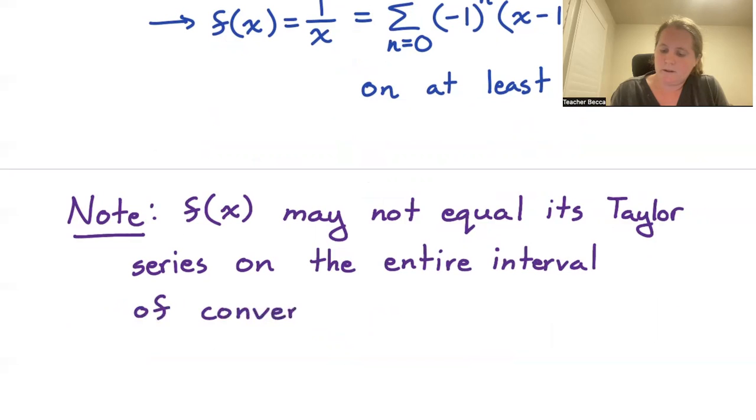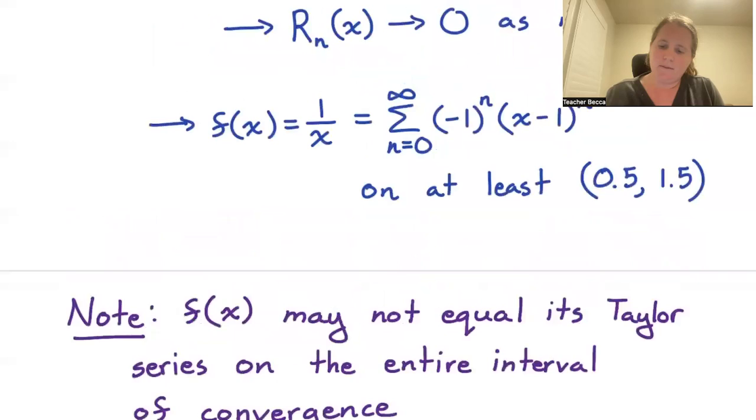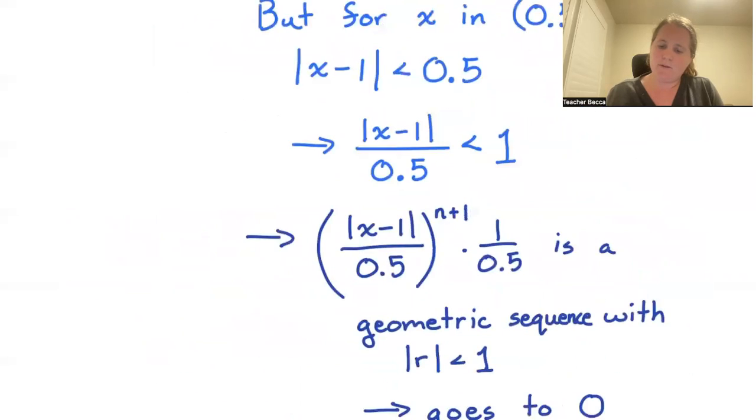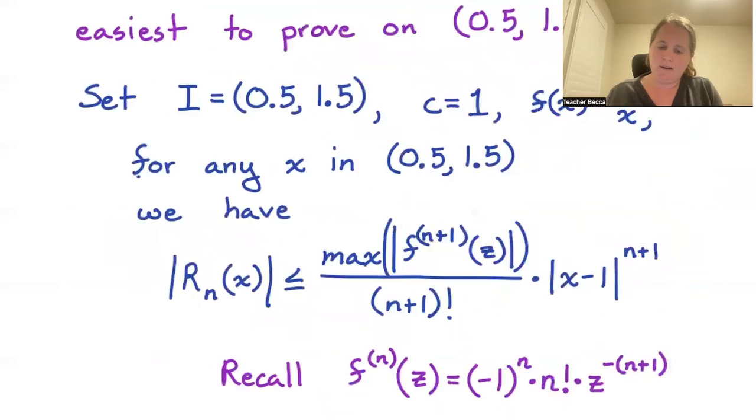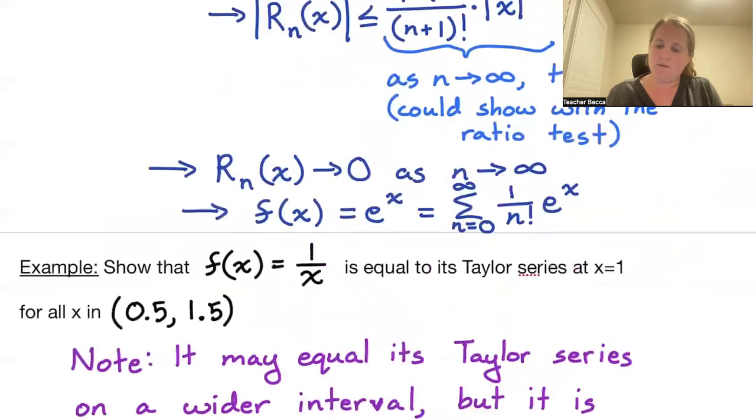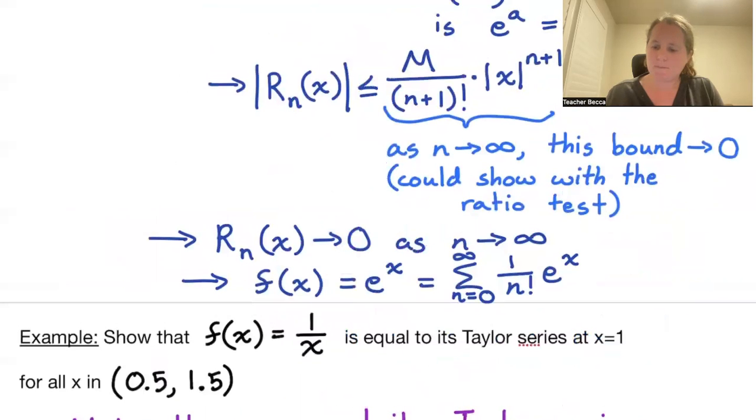Just because the Taylor series converges doesn't mean it necessarily has to be equal to f of x. All right. So this is sort of how we can go about verifying that a function equals its Taylor series.